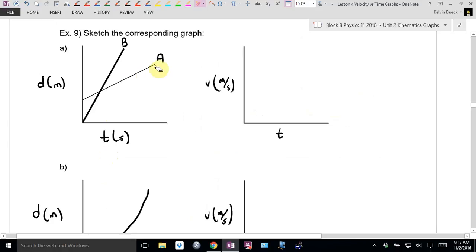Okay, what would graph A look like as a velocity versus time graph? Horizontal line? Above or below the x-axis? Way above or just a little bit above? Just a little bit. Oh, good. So there's line A, constant speed. Line B, are we going faster or slower than line A?